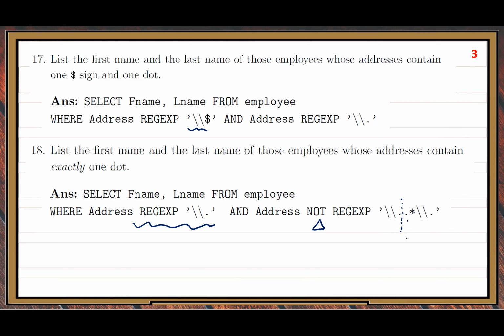After that, the dot represents any character, repeated zero or more times, that's star. Any character after the first dot, repeated zero or more times, then another dot. So this expression matches at least two dots anywhere in the string. So that's the exact one dot.